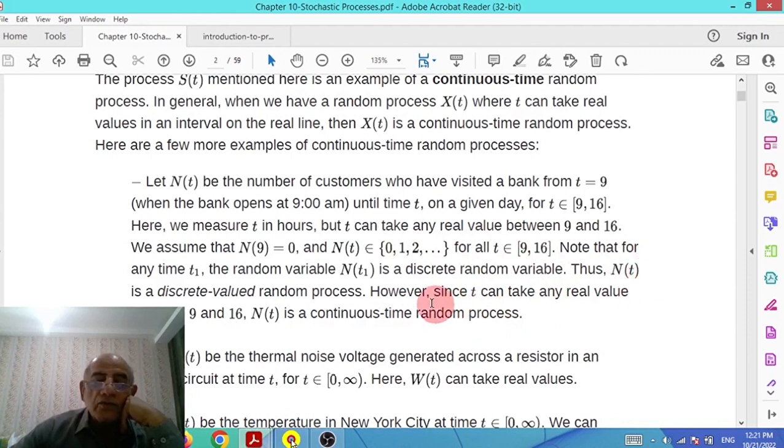So you can ask, at t1, how many people have come to the bank? Here t1 is a time greater than 9.